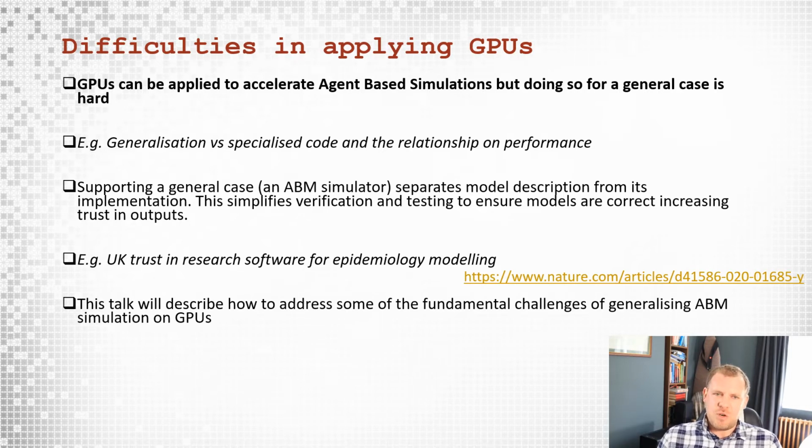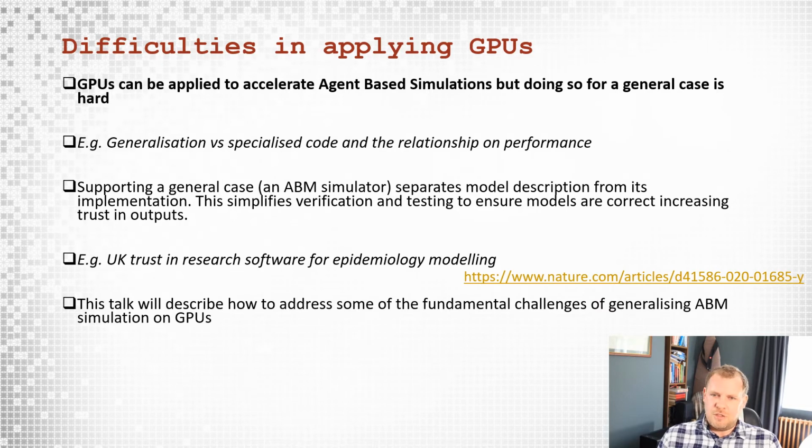Having a general case agent-based simulator is advantageous because it separates the model description from the implementation. Separating implementation from model description is highly advantageous because it vastly simplifies the verification and testing of the model and the simulation code. There has been lots of talk about this in the UK in particular, where questions have been raised about the trust of epidemiology modelling.